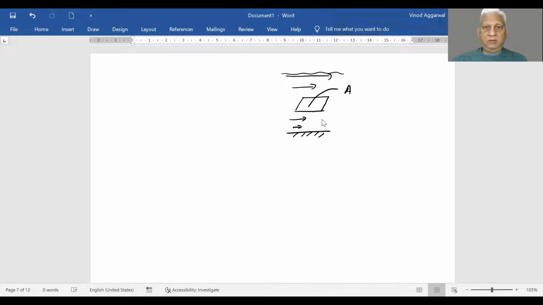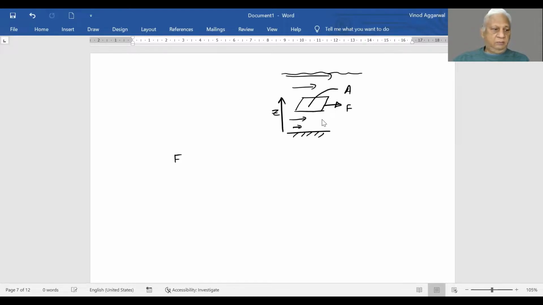It is maximum at the surface. Z is increasing this way. Let's say we try to move this area by applying some force.